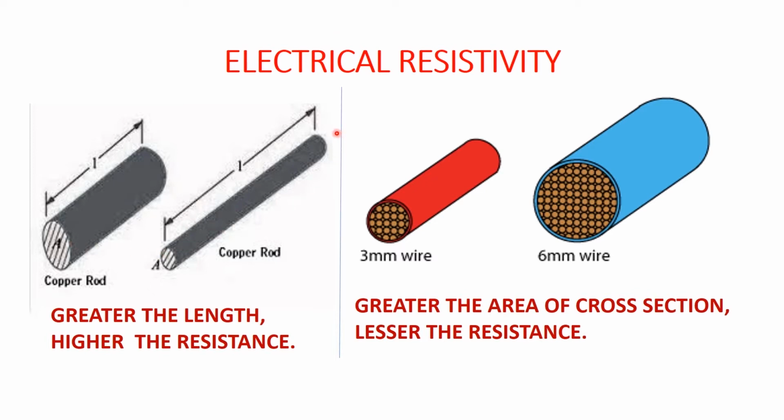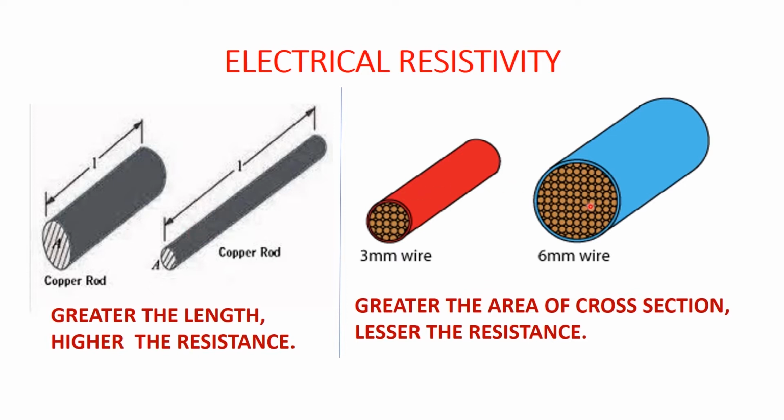When current flows through it, that is, when electrons are flowing, since the wire has a greater length, the number of collisions becomes more. So automatically the resistance will be high, so the current will be less. How does the length of the conductor matter? When the length of the conductor is large, the electrons go and collide more with the atoms. Hence the resistance becomes more and the current through the conductor becomes less.